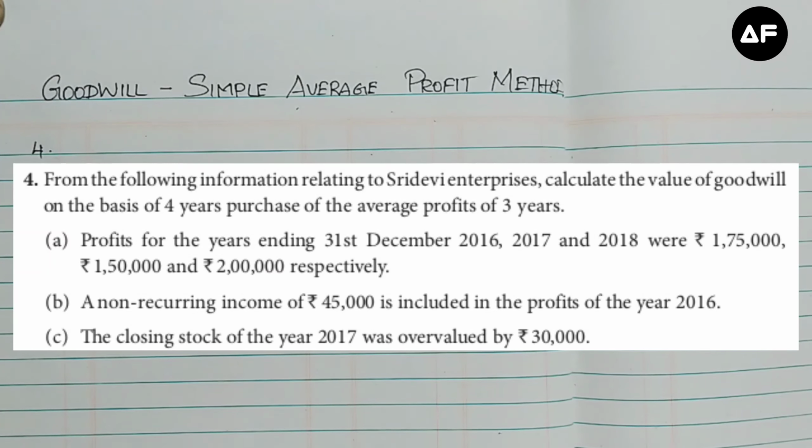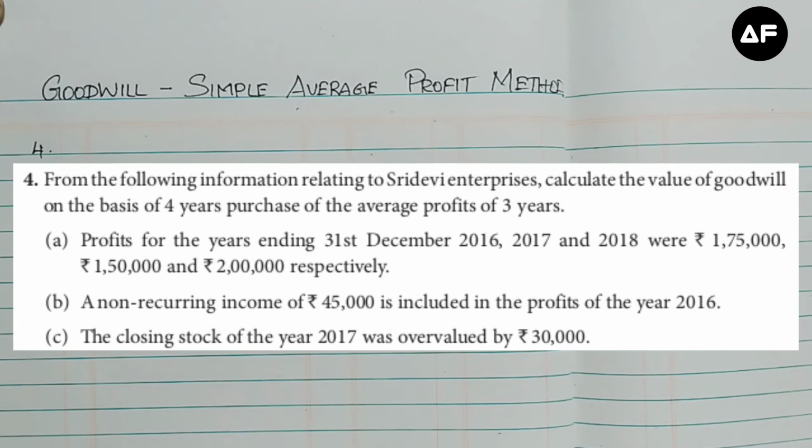Second point, a non-recurring income of 45,000 is included in the profit of the year 2016. So specifically for the year 2016, they have included a non-recurring income which has to be subtracted only for 2016. Third point is the closing stock of the year 2017 was overvalued by 30,000.